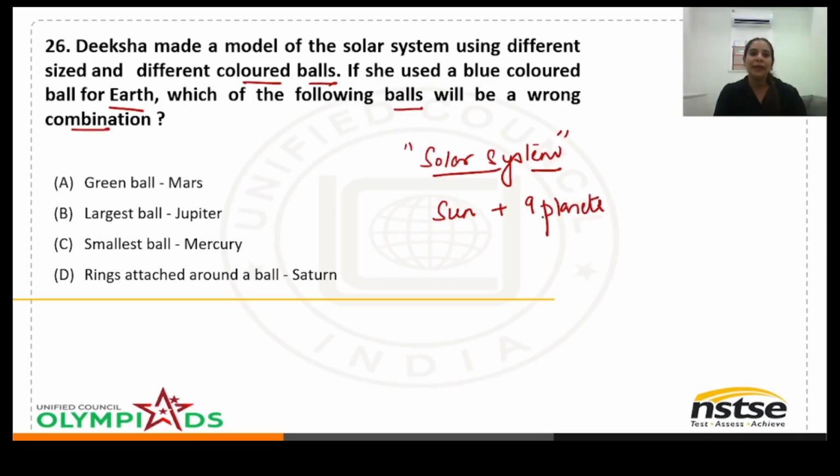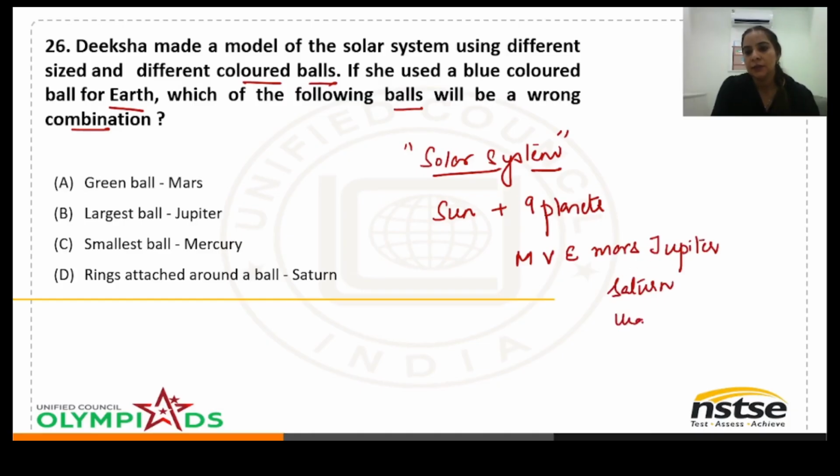We have got 9 planets, and those planets are Mercury, Venus, Earth, then Mars, Jupiter, Saturn, Uranus and Pluto. Right, these are the planets.